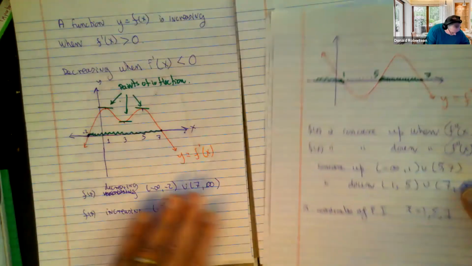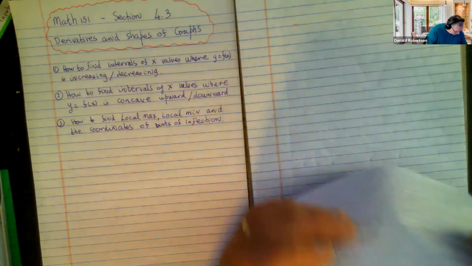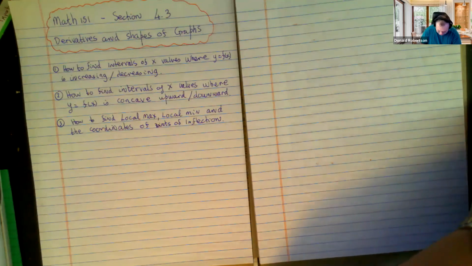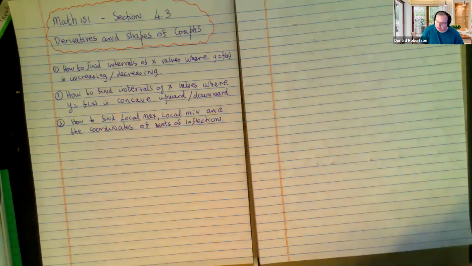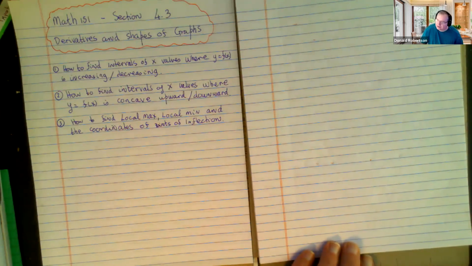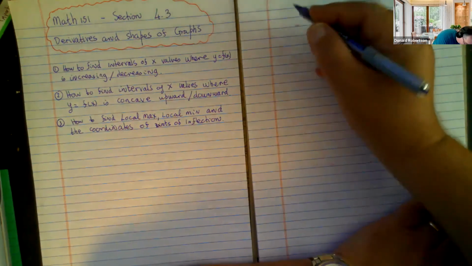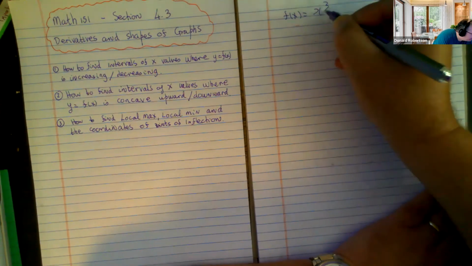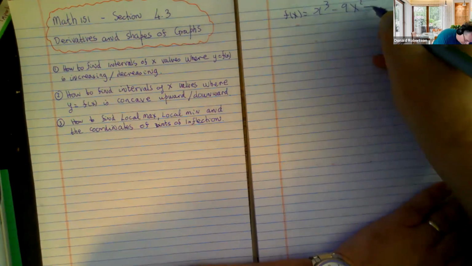That's nice and visual, which is cool, but wouldn't it be so much easier if we could do all these things more algebraically and less by drawing pictures and shading things in? So here is a nice polynomial function.